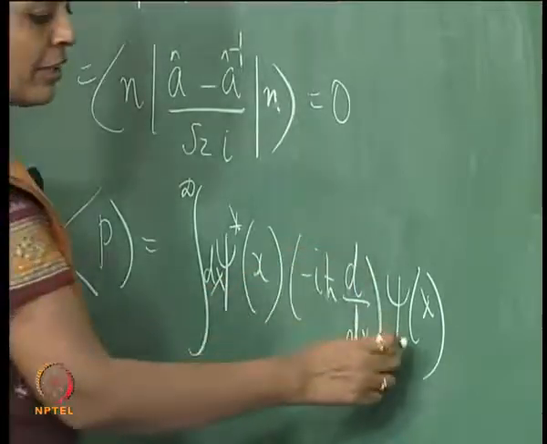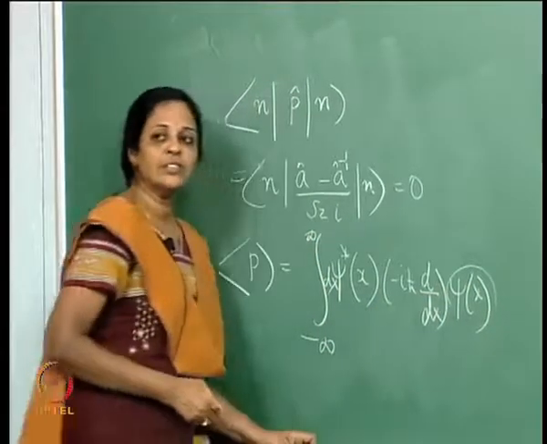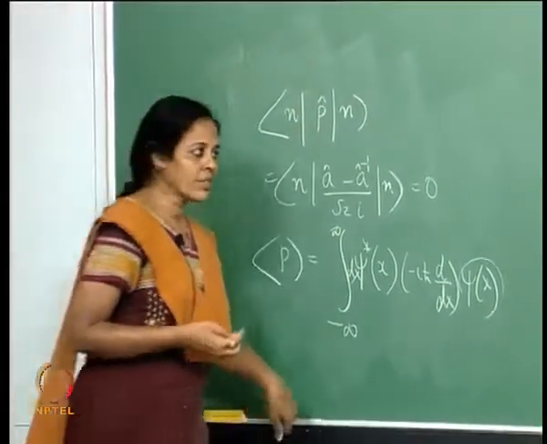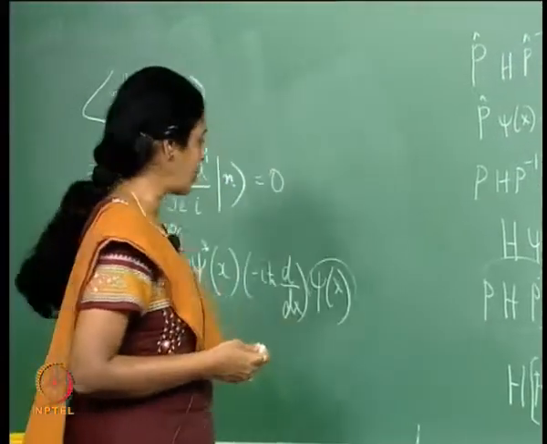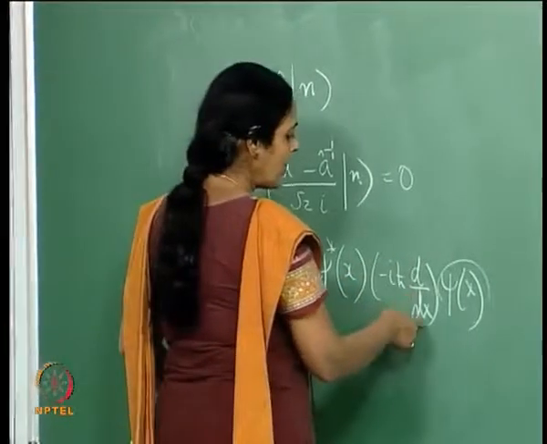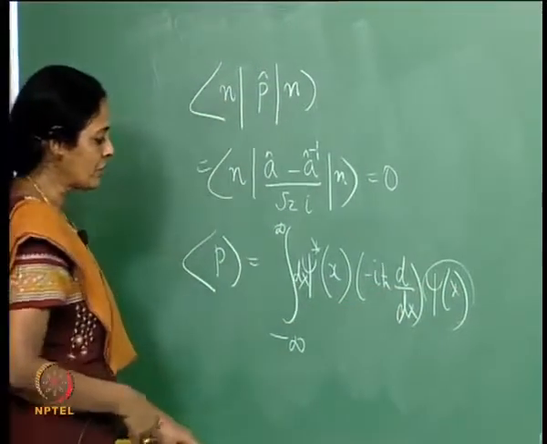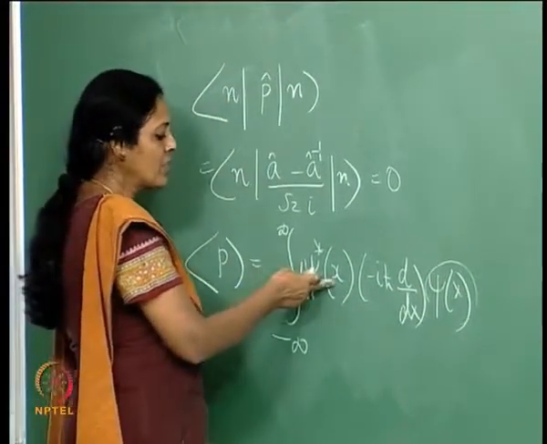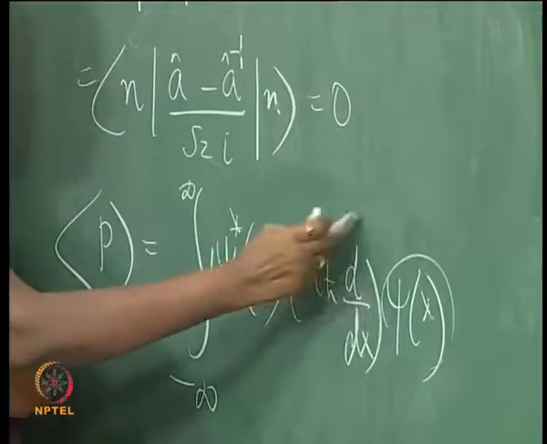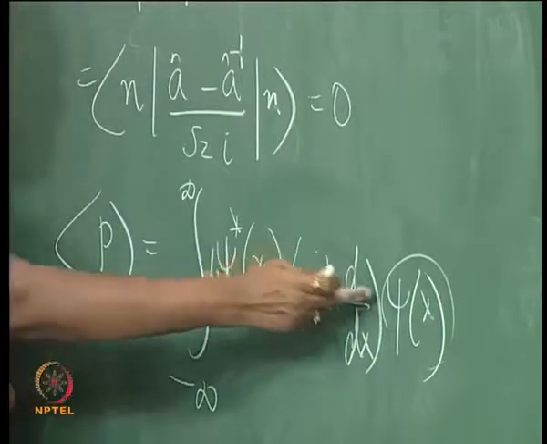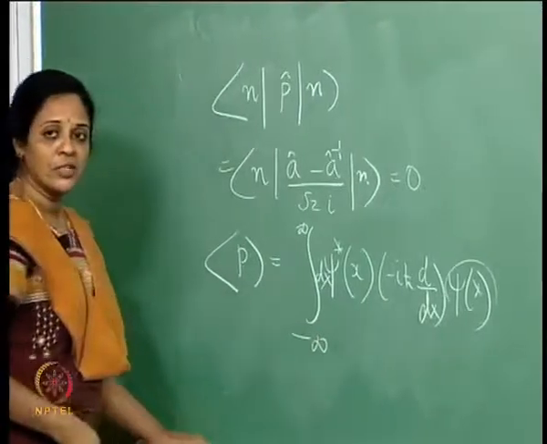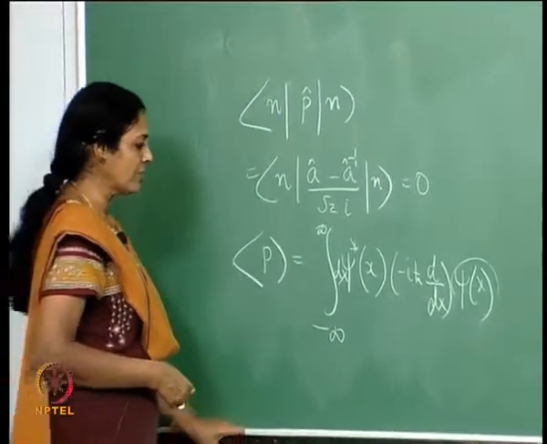The fact is, if psi of x is an even function of x, as is the case for the ground state, the second excited state, the fourth excited state of the oscillator, and so on, d by dx psi of x is an odd function of x. This was an even function of x, and therefore this is an odd function of x, and that's an even function of x, and totally it vanishes between symmetric limits minus infinity to infinity.